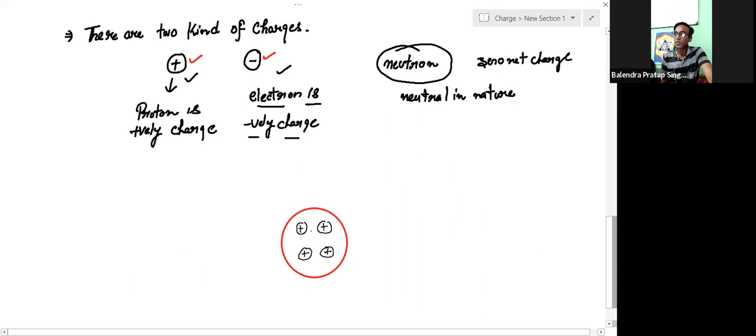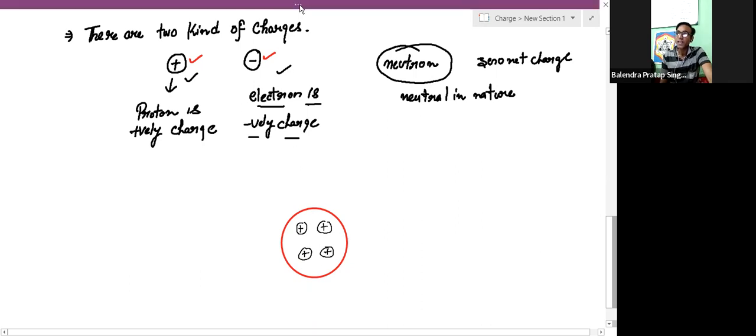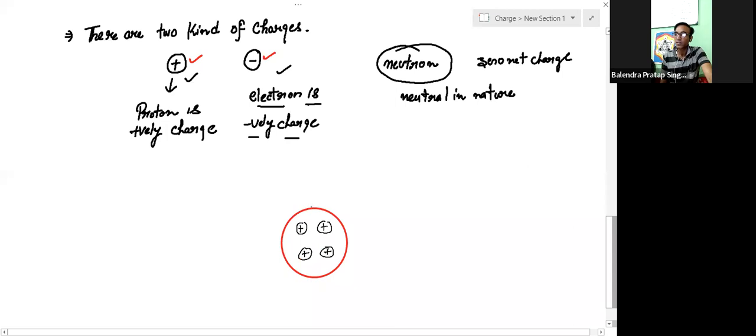It also has some neutrons, which are neutral bodies, but I am considering only positive. Around this positive charge, some negative charge exists, such as electrons. Suppose an electron exists here, and here, orbiting in different orbits. So this is all about the atom.